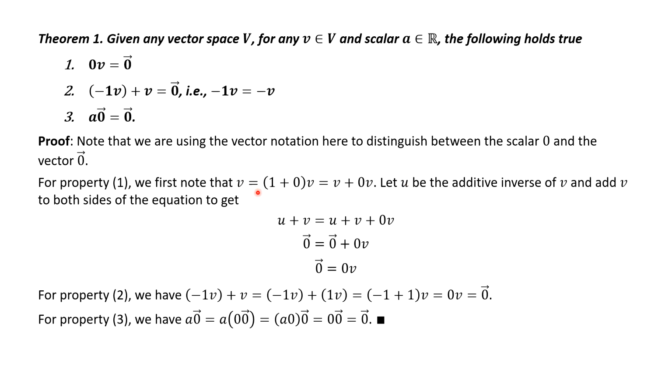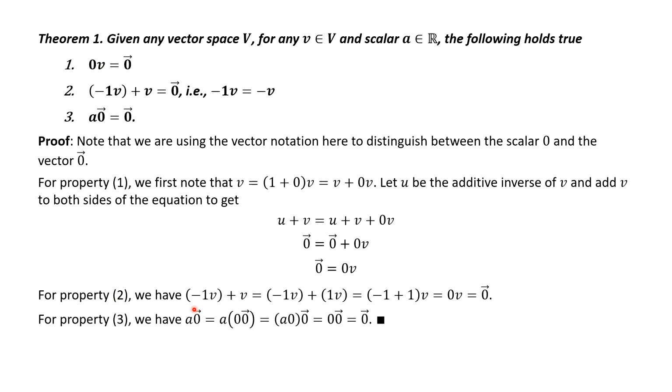And we add u to both sides of this. We get this expression here. Then since u is the inverse of v, this is 0, this is 0. And then 0 vector plus any vector is the vector itself. And then we have the 0 scalar times v equals the 0 vector. So that's the first one.